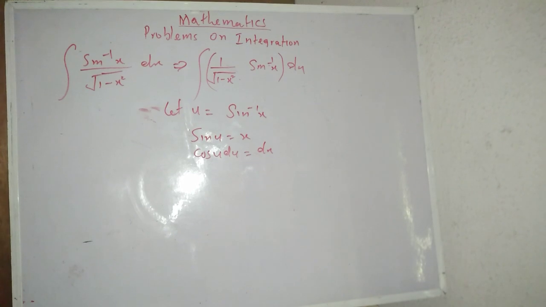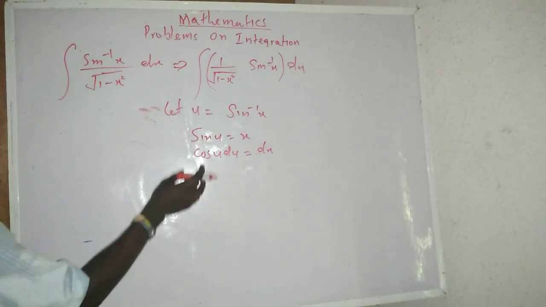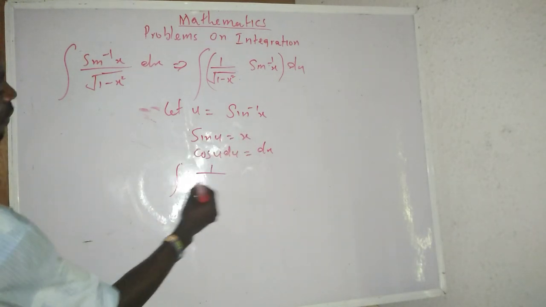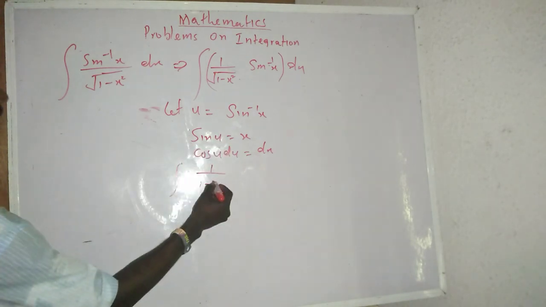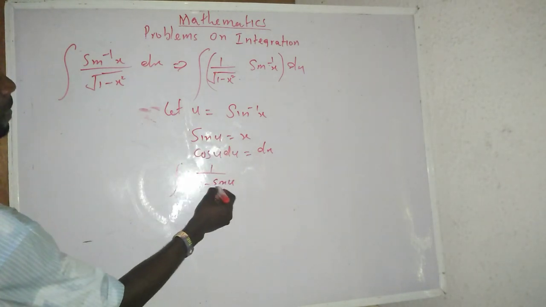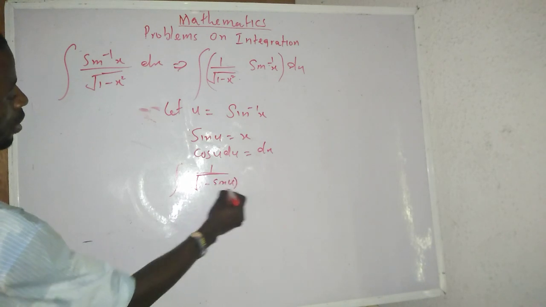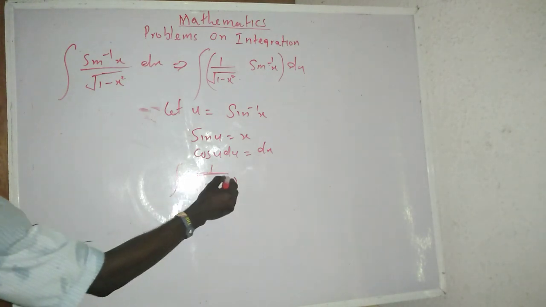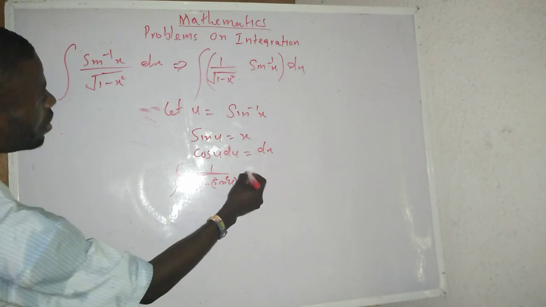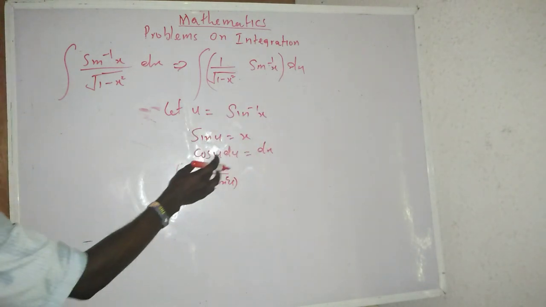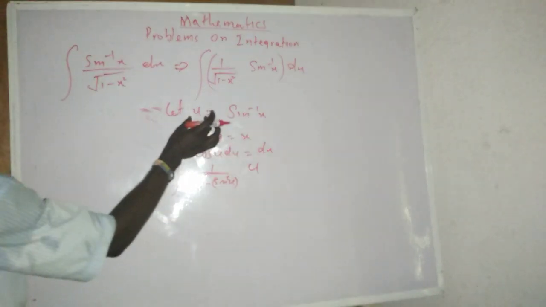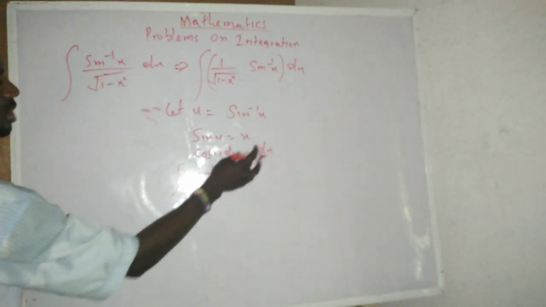Now at this point I can substitute for everything I want. The integral of 1 all over root of 1 minus sine u squared, and I can put my u here. What is my dx?